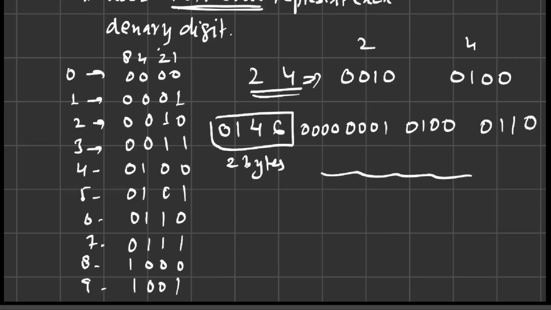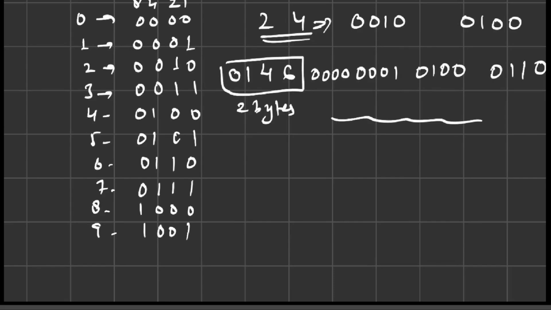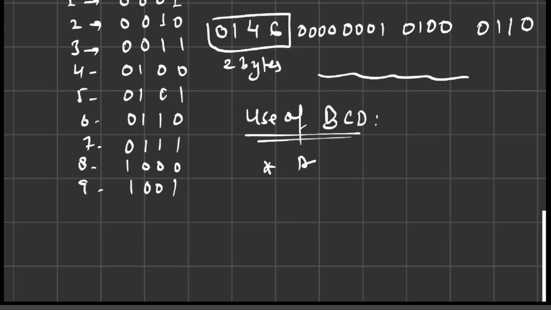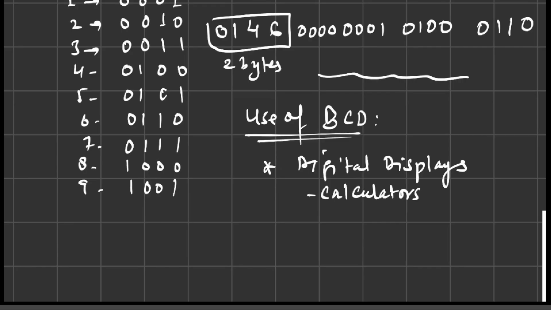Now the next thing is, where is binary coded decimal used, and why represent the numbers separately? So what is the use of the BCD system? Basically, the BCD system is used for, number one, digital displays. Digital displays are like calculators and digital clocks.